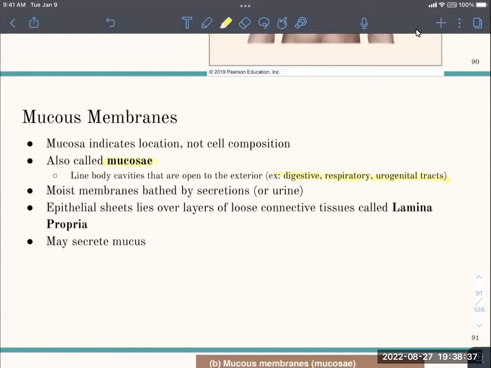It's a moist membrane. It's the mucous membrane. Mucus is moist if you think of it that way. So it's always got some kind of secretions. It has epithelial cells that lie over loose connective tissue that's called the lamina propria. And it may secrete mucus or it gets mucus from other places.